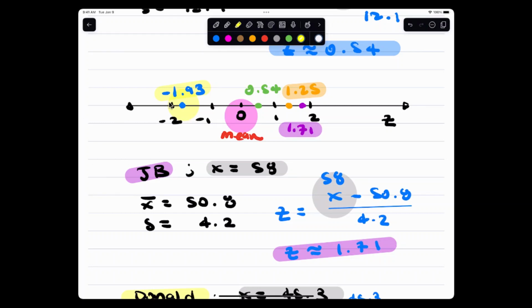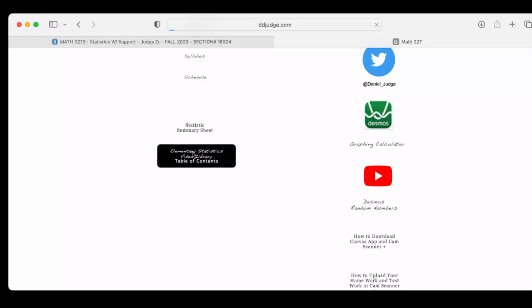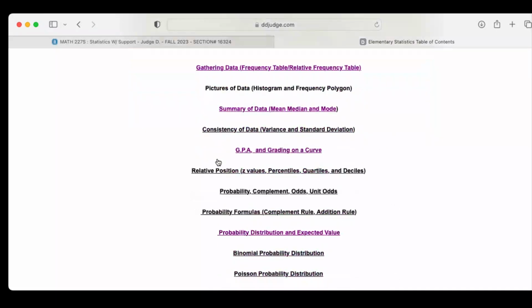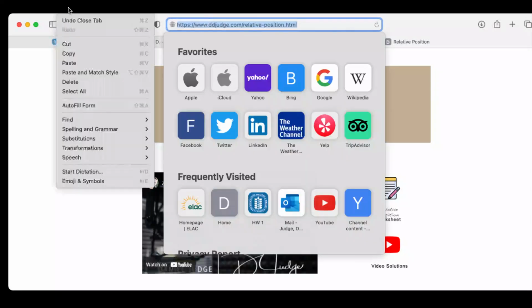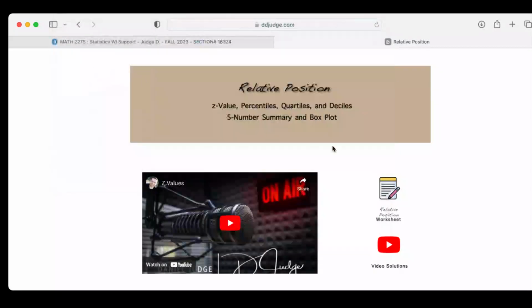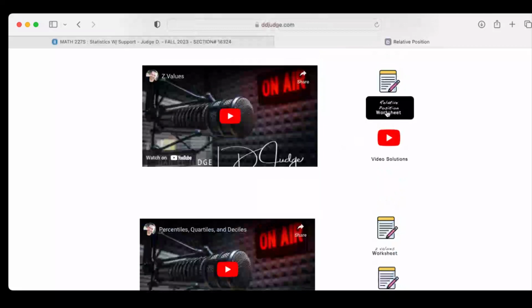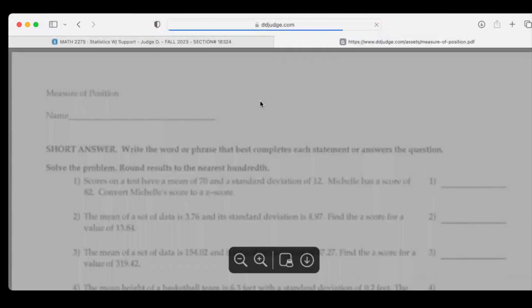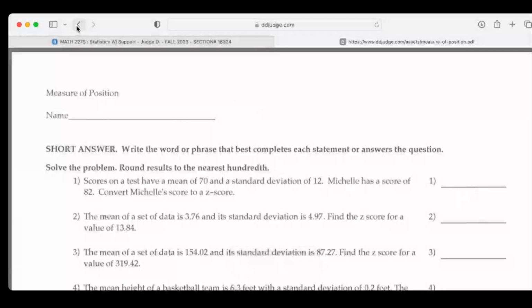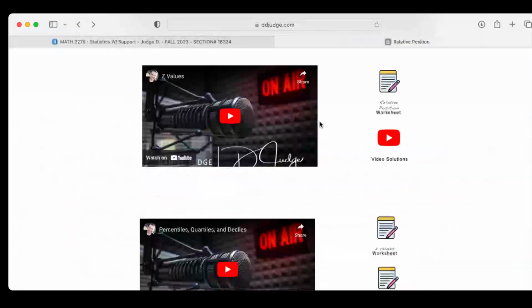Let's take a look. Relative position. What do you think we got started talking about? Relative position. Let me double check this worksheet. Oh, relative position worksheet.